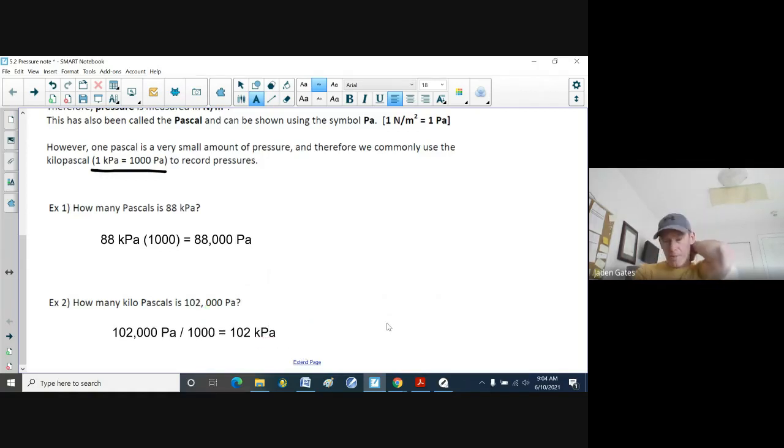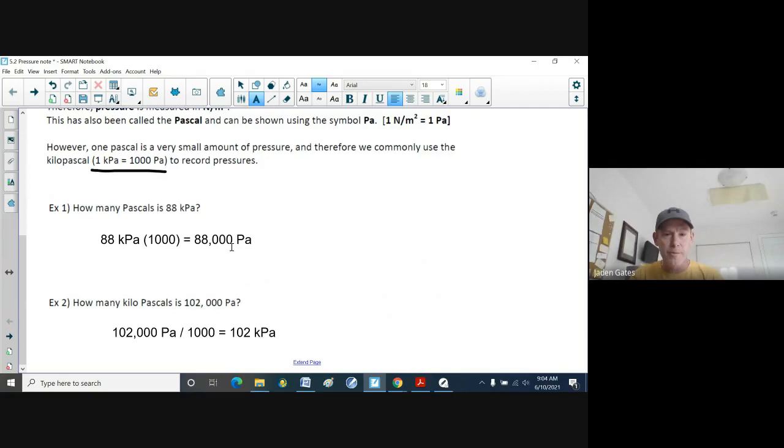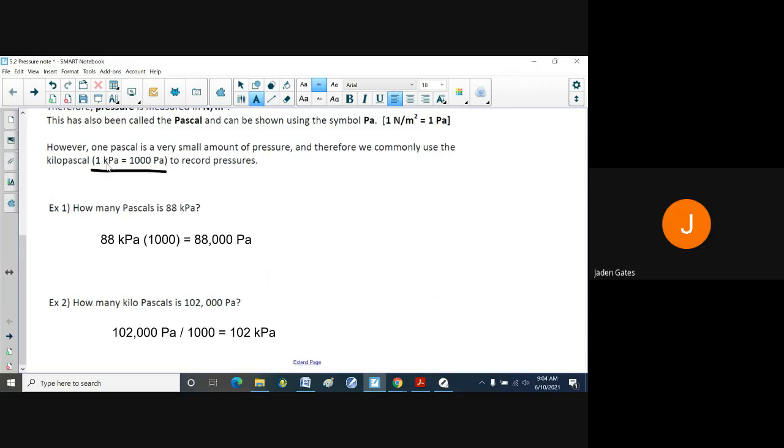So that's just bouncing back and forth, much like we've been doing all year between centimeters and meters and kilometers. Same thing with pascals, only you just have to know that there's 1,000 pascals in 1 kilopascal.